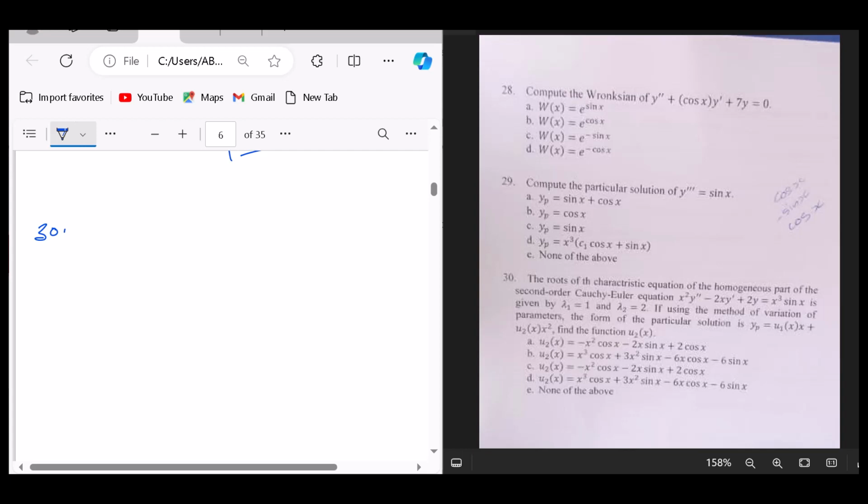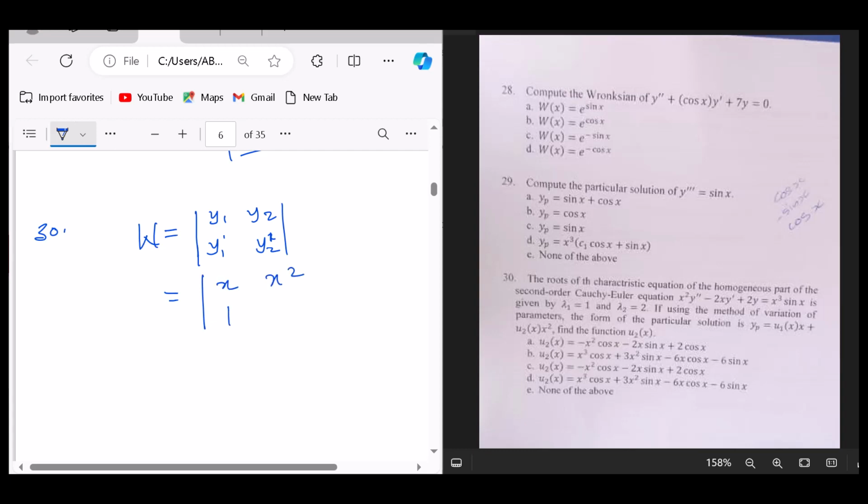We just have to find our Wronskian. You know that the Wronskian is the determinant of y1, y2, y1 prime, y2 prime, but our y1 given was x and our y2 is x squared.